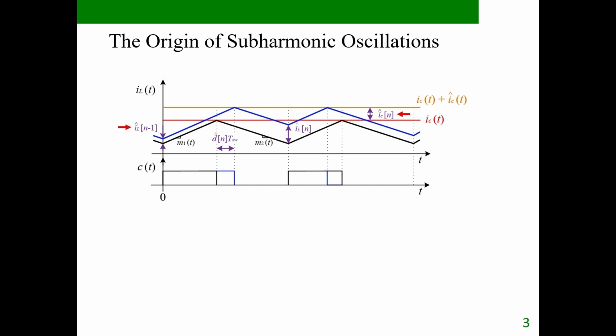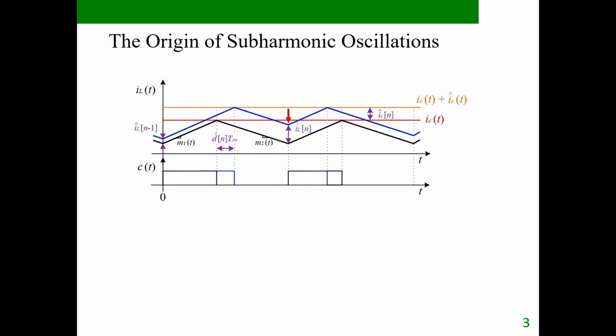Because the current starts from a different value and the comparator threshold has also shifted, the intersection between the inductor current and the reference no longer occurs at the same time instant. As a result, the PWM comparator changes the switching instant, producing a different duty cycle for that switching period. That modified duty cycle changes the current at the beginning of the next switching cycle.